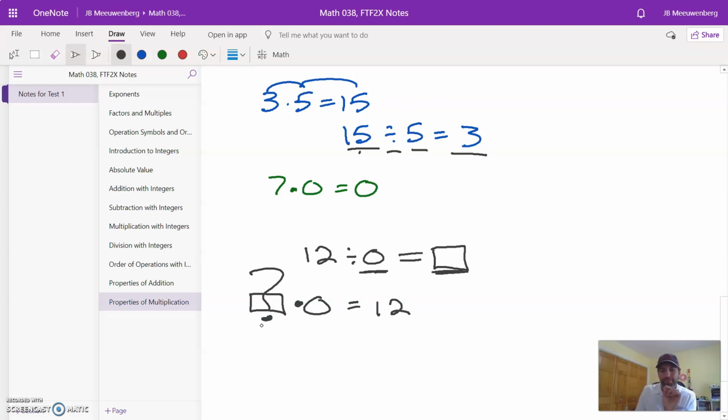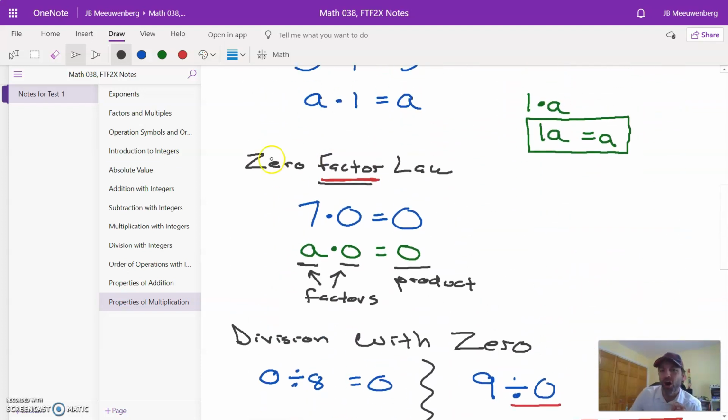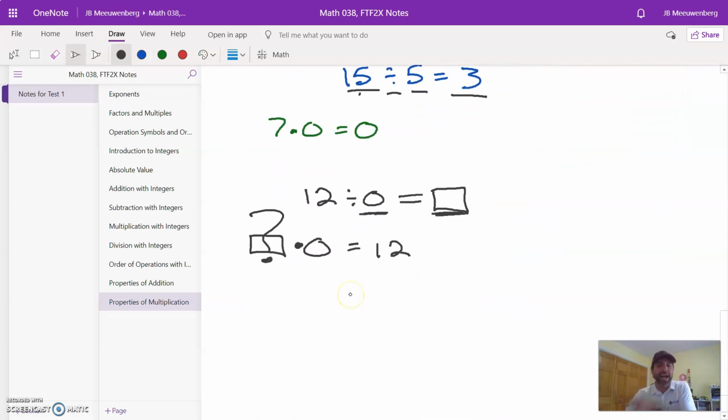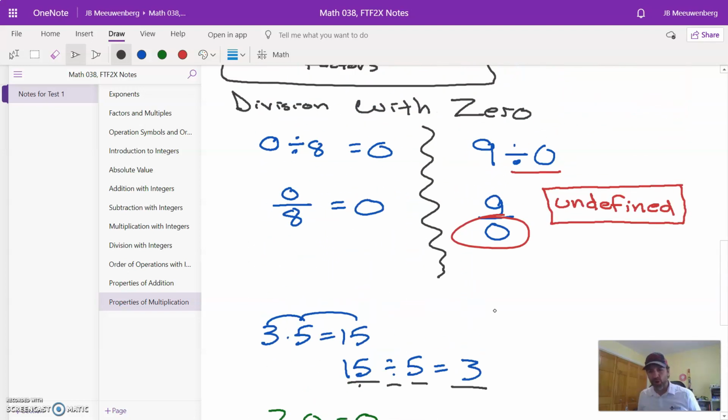No. Because the zero factor law states that anything multiplied by 0 must equal 0. So to try to divide by 0 is breaking the mathematical law. So that's why we can't divide by 0. And I need you to know that word: undefined. Undefined anytime you want to divide by 0.